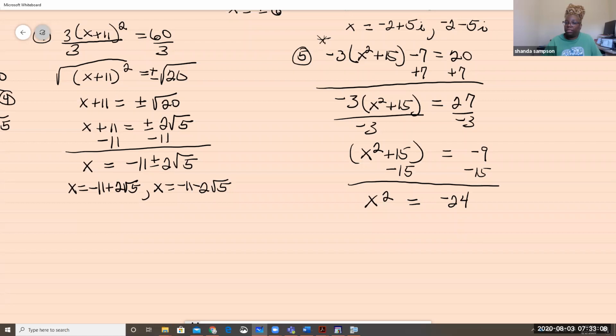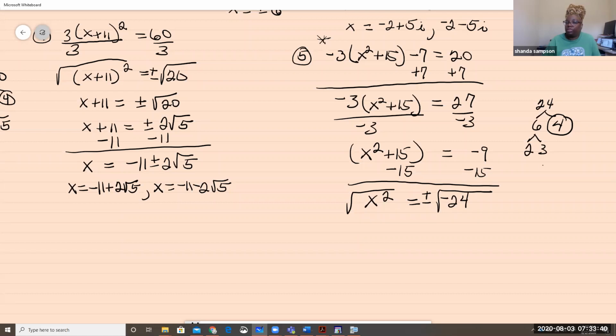See what happened there? Just giving you a second. Now we have x squared isolated. Now we can take the square root of both sides. That's going to be plus or minus, right? 24 needs to be broken down. So 24. Some of you might do 6 and 4. Break that down to 2 and 3 if you needed to. And this is 2 and 2, but that's going to be 2, right?